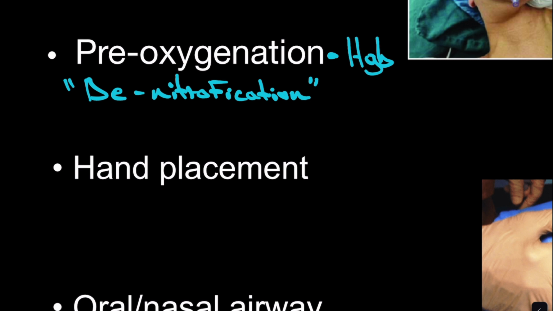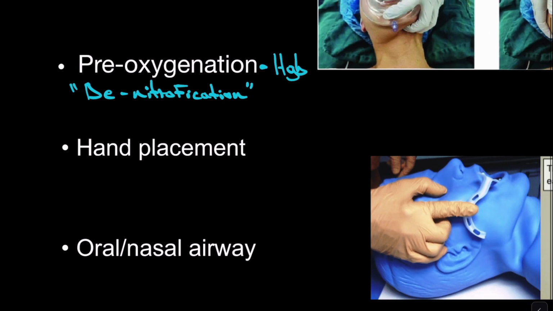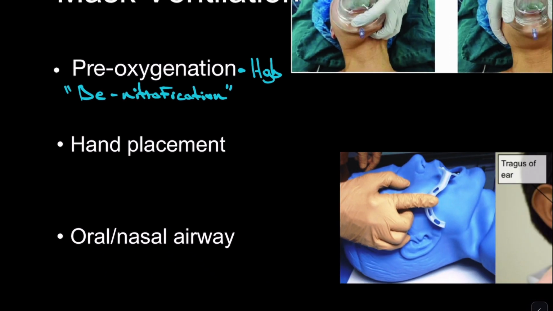So not only are you building up an oxygen reserve on your hemoglobin, but you're also acquiring more oxygen in your lungs by replacing the nitrogen in that reserve volume with oxygen.